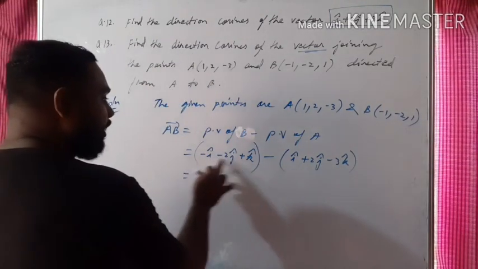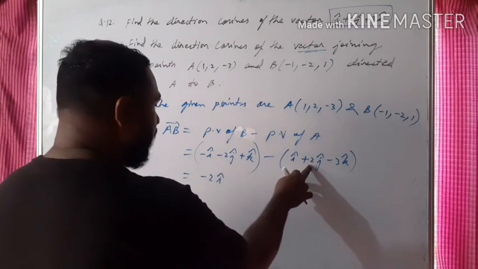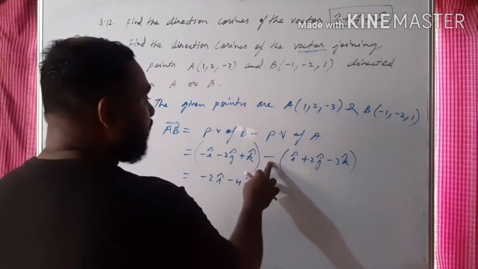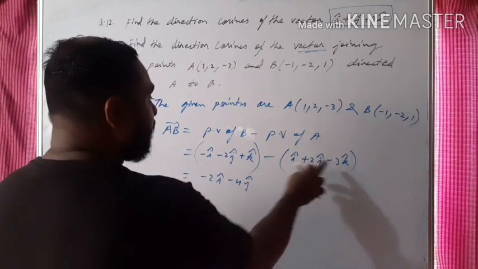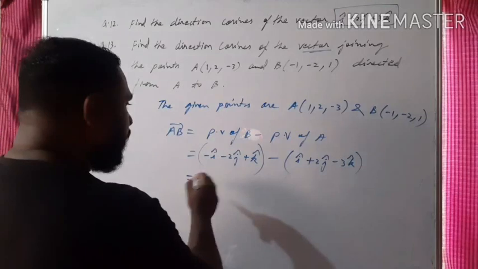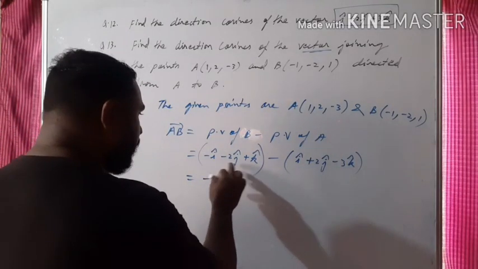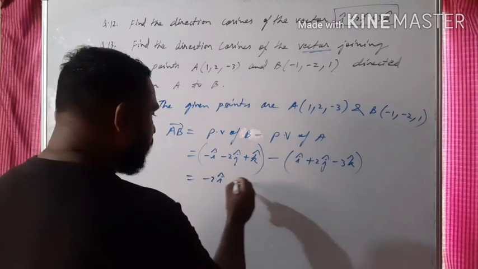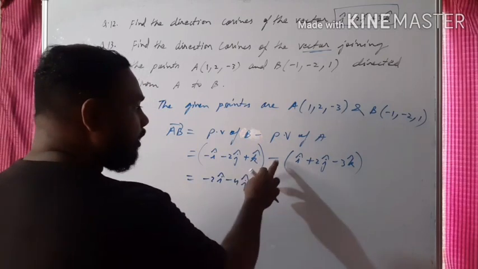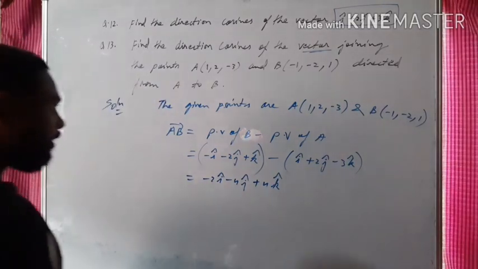If I subtract this, I will get -2i, then -2 minus 2 will be -4j, and after that k minus (-3k), so that is 4k. So I have got the vector, that is the AB vector.